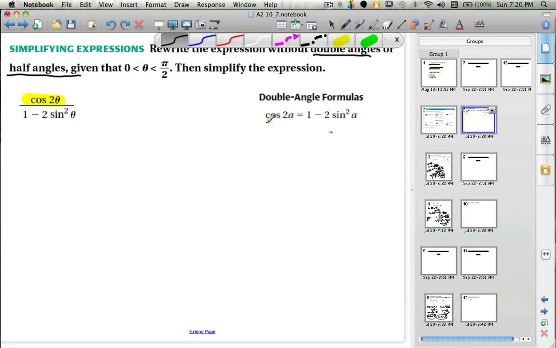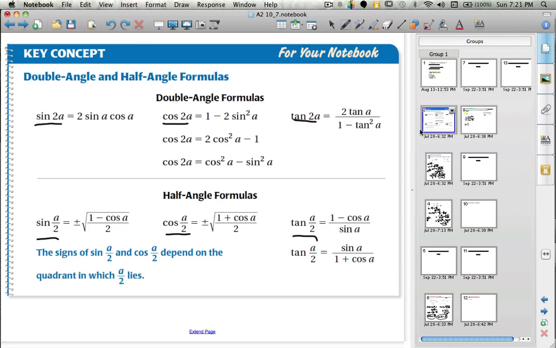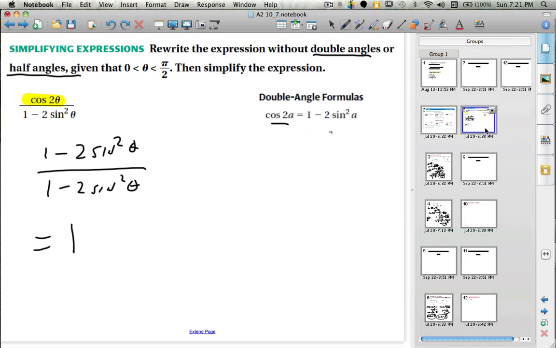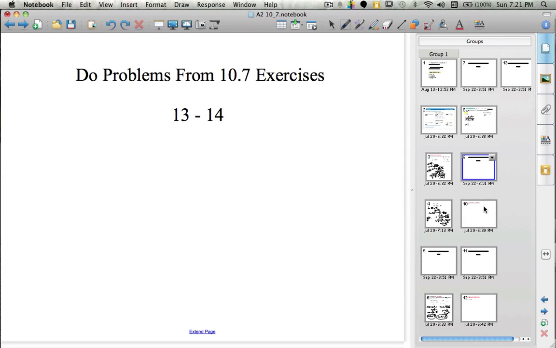But I can replace cosine of 2a with 1 minus 2 sine squared a, sine squared theta. So that over itself will be equal to 1. Okay, pretty easy. All of the problems are kind of like that. You just need to refer back to here to find out what's the best substitution to make for your double or your half angle in order for you to simplify your problem. So sometimes you don't have that many to choose from, but sometimes you have several, especially in cosine. So make the right choice. Go ahead and practice that with problems 13 and 14, and then come back.